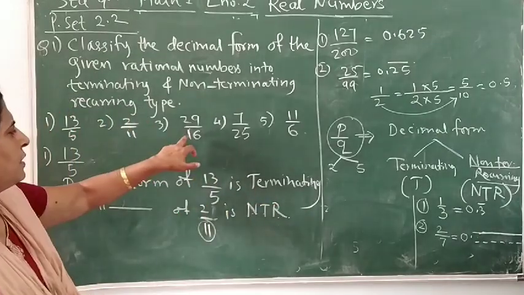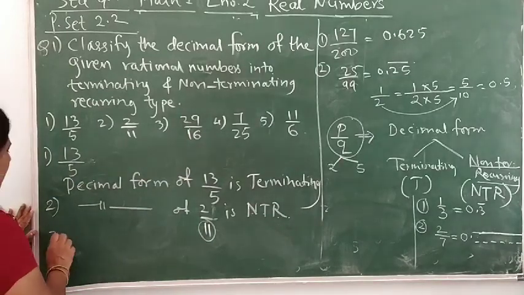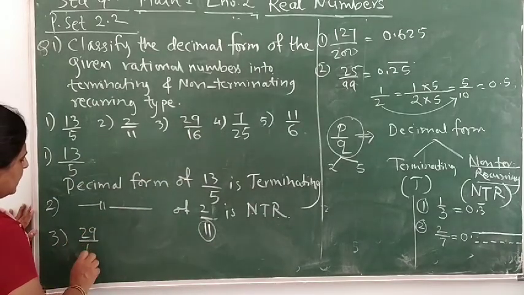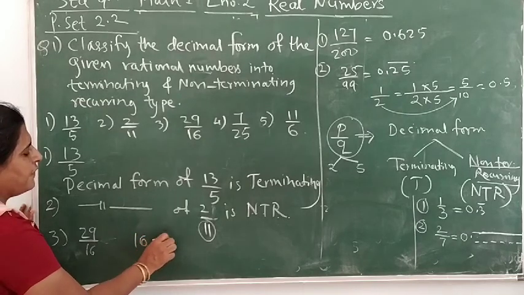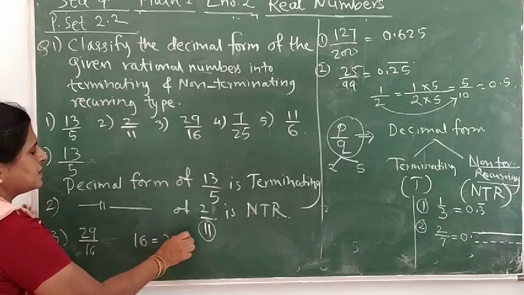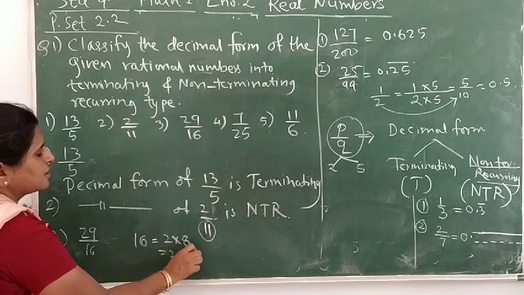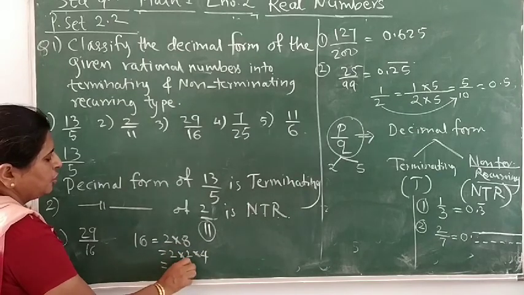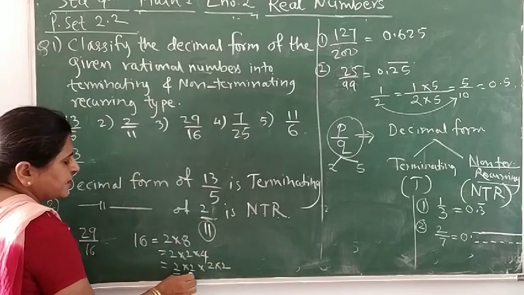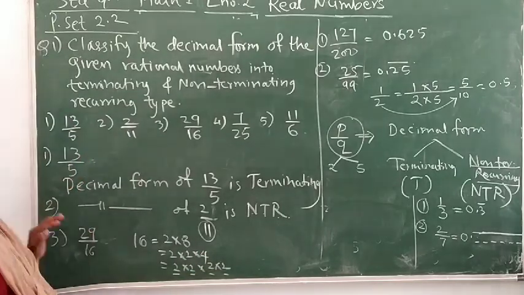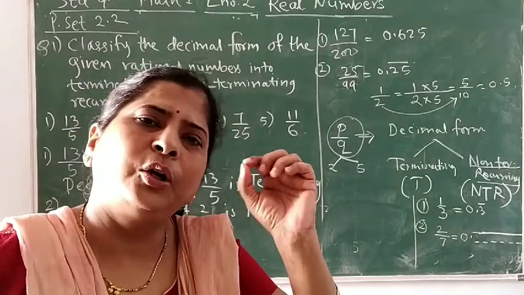Okay. Now the third one is 29 upon 16. Let's see what the factors of 16 are. 2 8s are 16, then 8 is 2 4s, and then 4 is 2 into 2. So what are the factors of 16? 2, 2, 2, 2. Its factors are only 2.